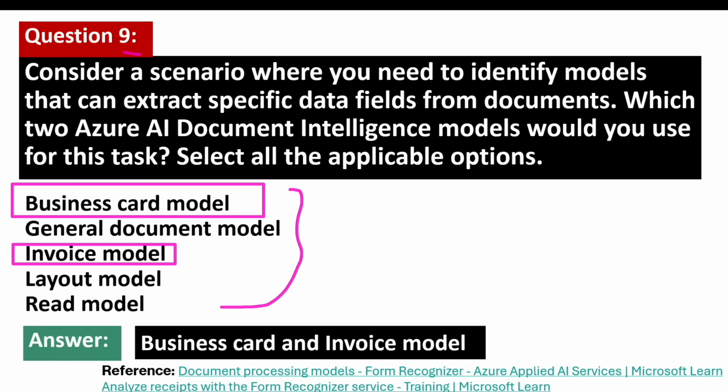A trade show organizer uses the business card model to scan and digitalize hundreds of business cards collected during the event, ensuring all contacts are accurately stored in their database. We looked into what the invoice model is in the previous question. So the invoice model is designed to extract key information from sales invoices.